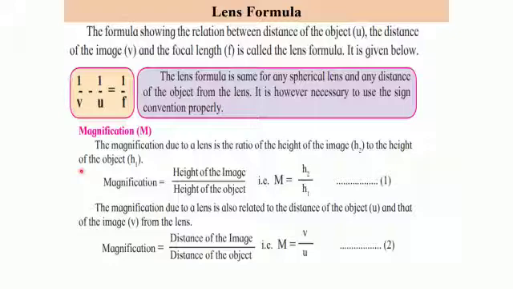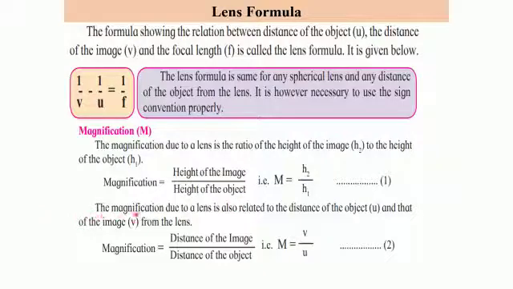So how do we compare the size of the object with that of the image? For that we have the magnification, and it is given as the ratio of the height of the image to the height of the object. So M, standing for magnification, is equal to H2 upon H1, where H2 is the height of the image and H1 is the height of the object.